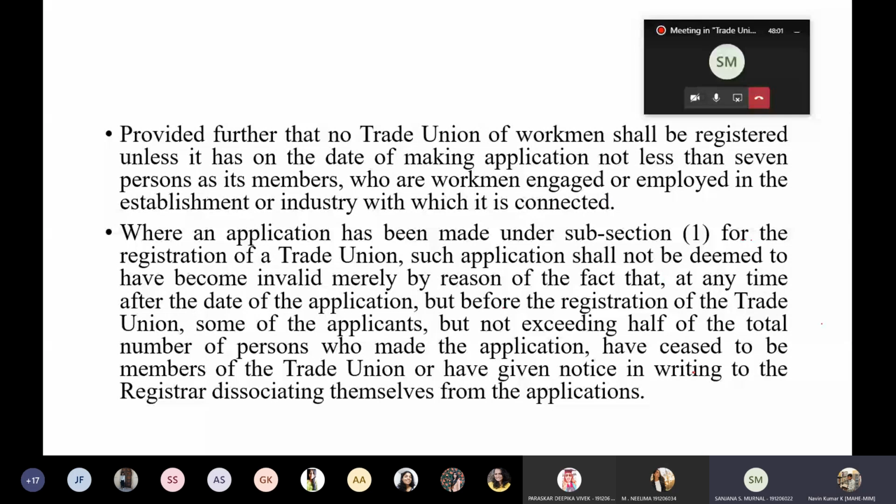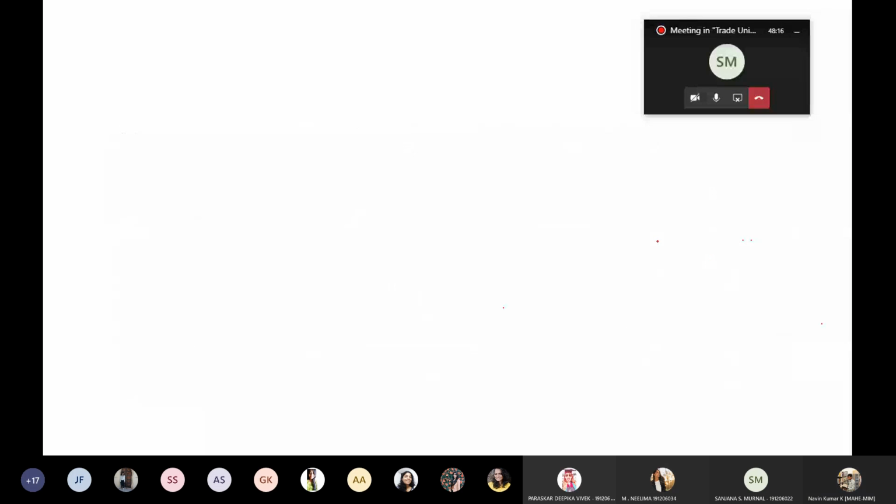See, now whether the application becomes invalid or not. So that is the question. You applied before a registrar for the registration.